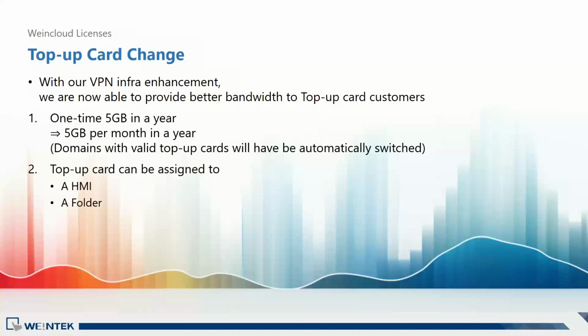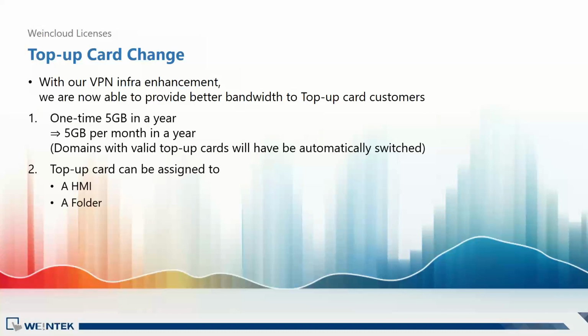Now, the new license provides 5 GB per month in a year, which means you can use 5 GB bandwidth each month. If your top-up card isn't expired, it will automatically restore 5 GB into your domain until it expires.